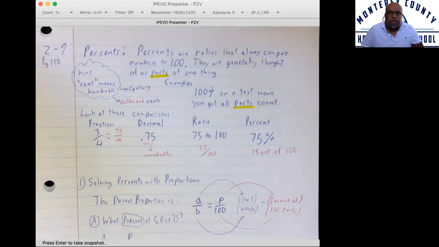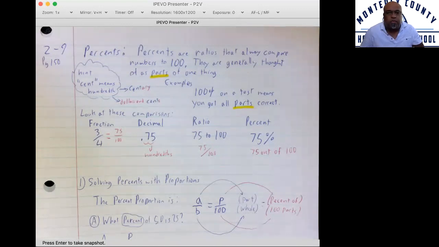Meaning that for grade purposes, the quiz was broken into 100 parts, and when you missed one question, 20 of those parts were missed. So that means 80 out of 100, 80% of the test was right. So that's how percents work.